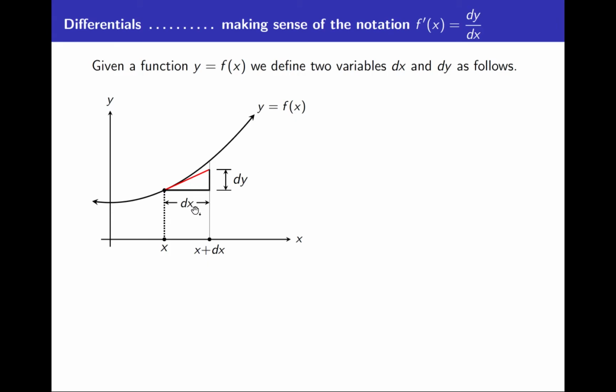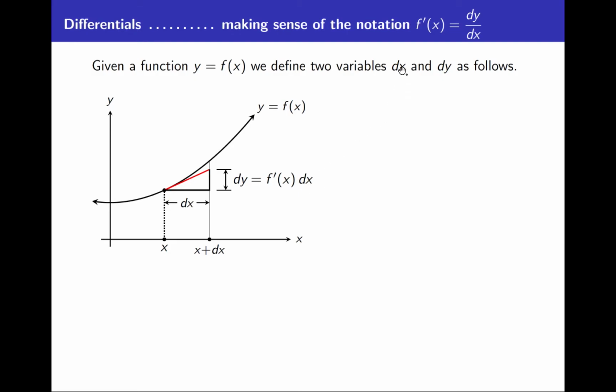So dy over dx equals f prime of x. Taking that equation, dy over dx equals f prime of x, multiply both sides by dx to isolate the dy, and you get dy equals f prime of x times dx.